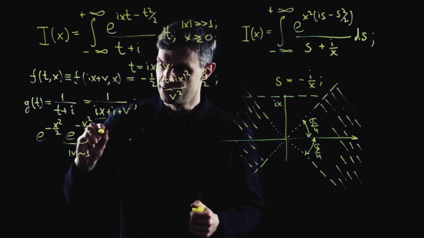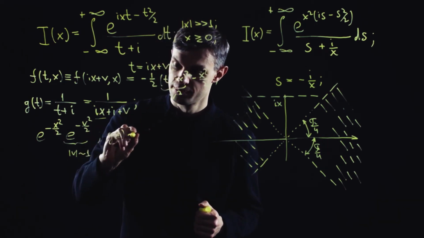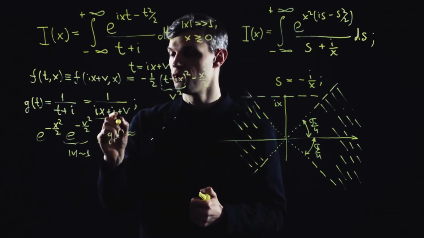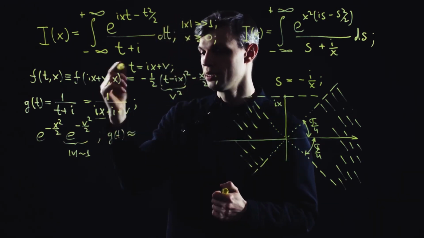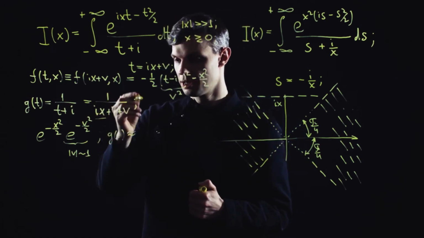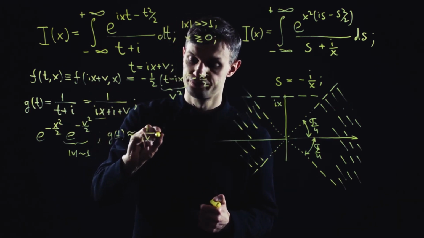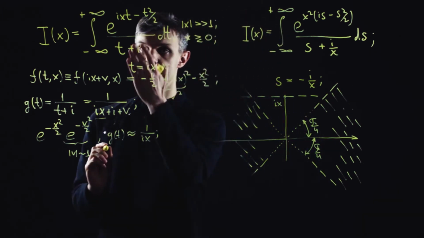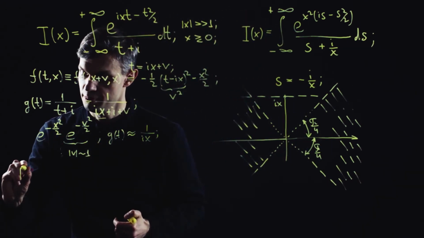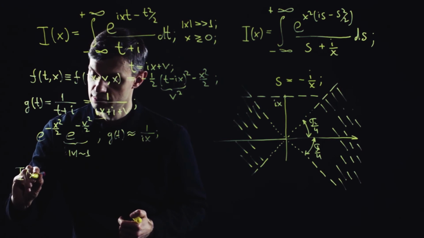So our g of t function now can be simplified because we can drop the i term, which is of the order of 1, and v in comparison to this large ix term. And now the integral is reduced to a simple Gaussian one.